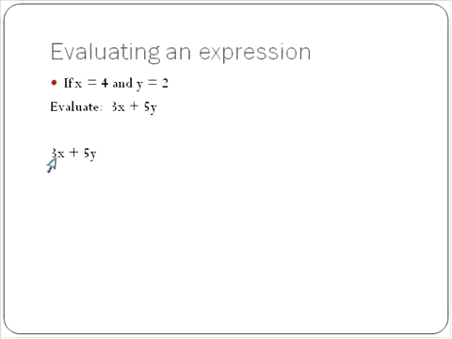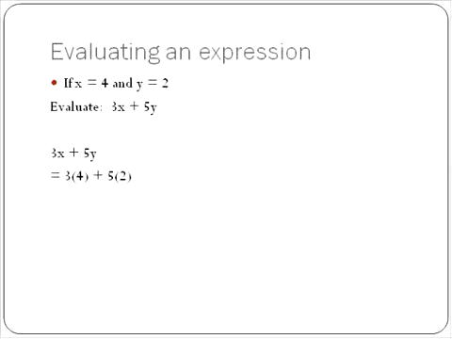When you have something like 3x, that means 3 times x. So when we substitute the value of 4 in there, we'll say 3 times 4. Same with this. 5y means 5 times y. When we substitute the value of 2 in for y, we'll say 5 times 2.